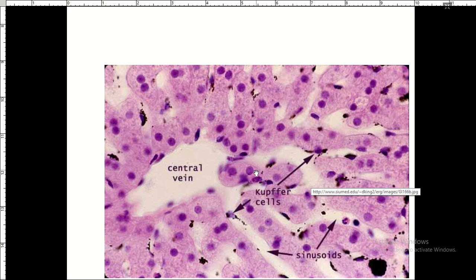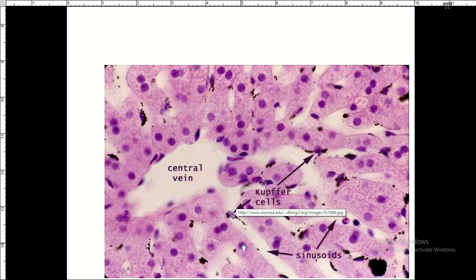Another diagram again, right? So within the spaces, the cells that we see, this is your Kupffer cell, this is another Kupffer cell, this is another Kupffer cell, right? They will be found within these sinusoidal spaces. This is another Kupffer cell, right?